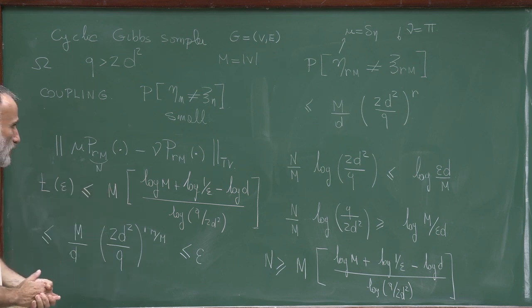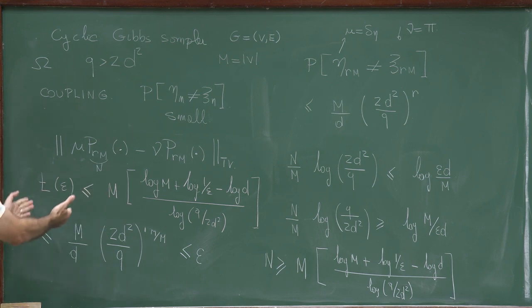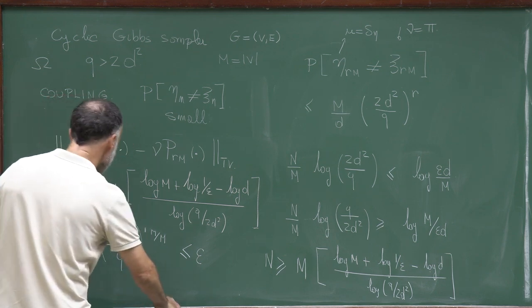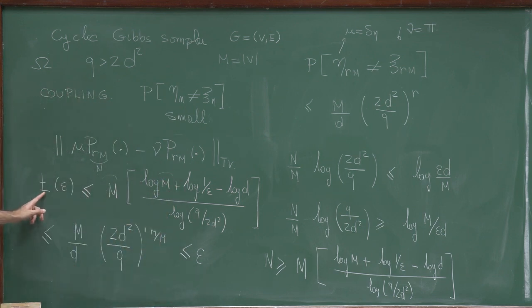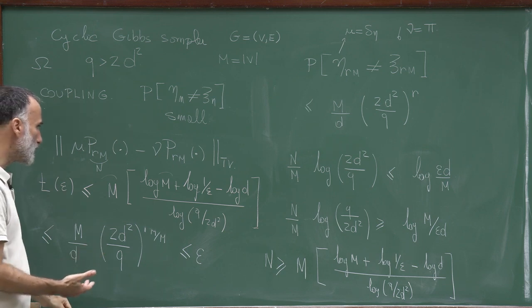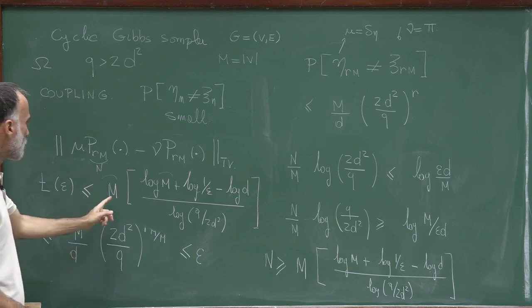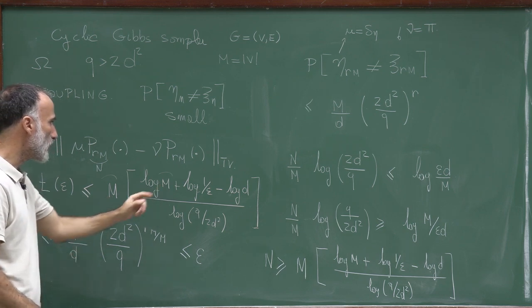And what's very nice about these formulas is that now we have a formula for the mixing time, bounded by that. And what you see is that the main term is the total number of vertices. So the mixing time for this sampling is of the order of m log m.